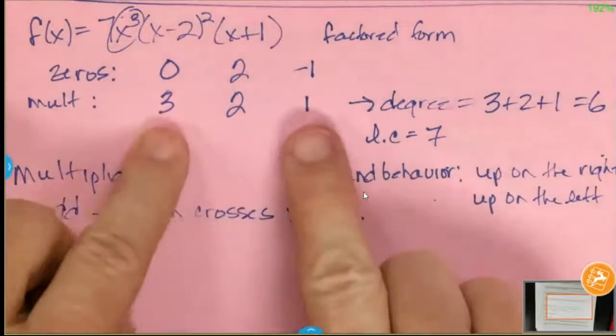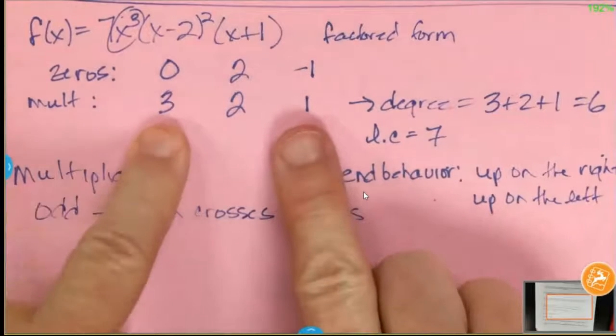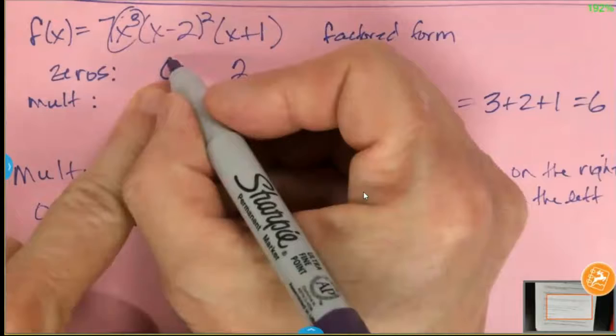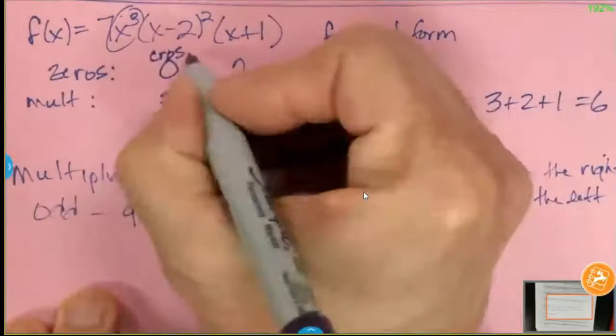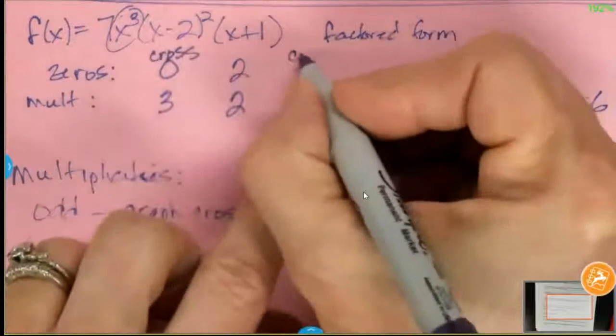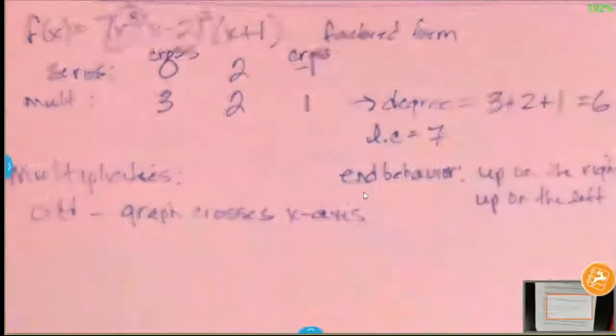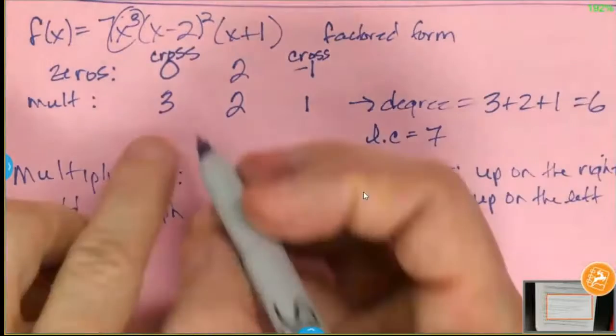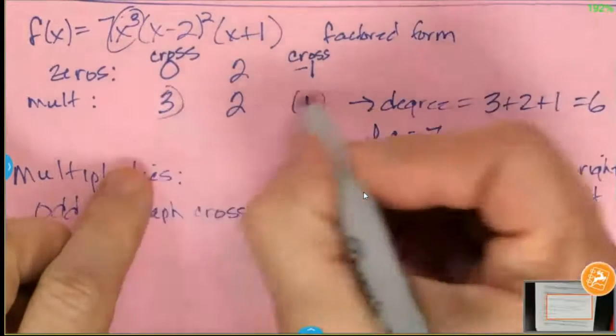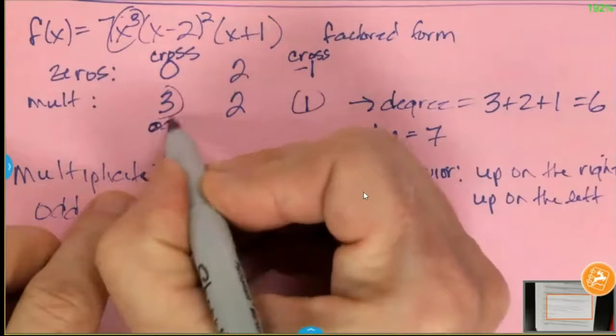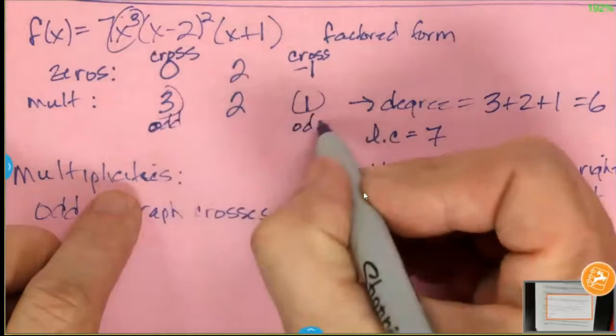For these two, the 0 and the -1, those both have odd multiplicities. The graph is going to cross the x-axis at 0, and it's going to cross the x-axis at x equals -1. That's just because these two are odd.